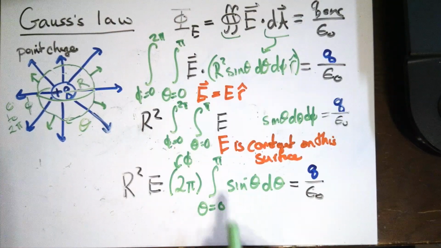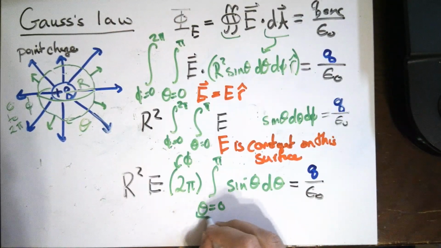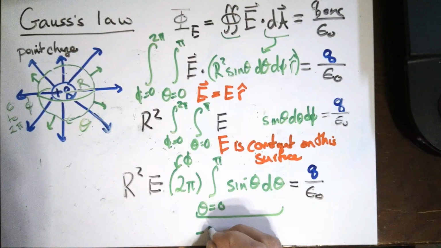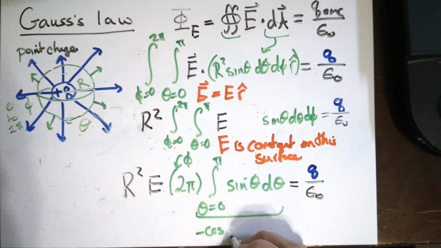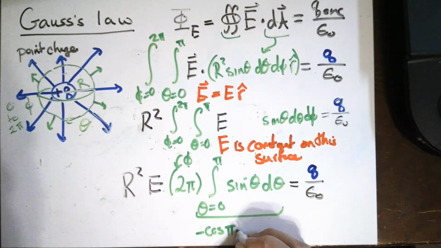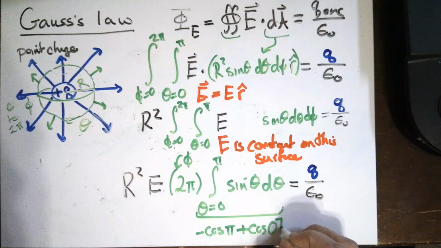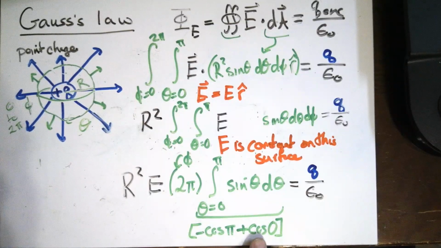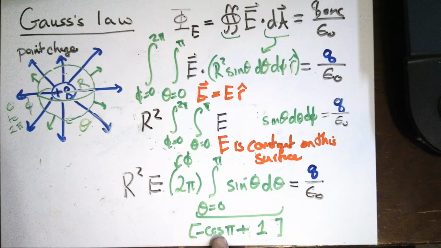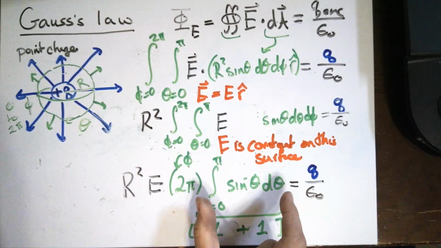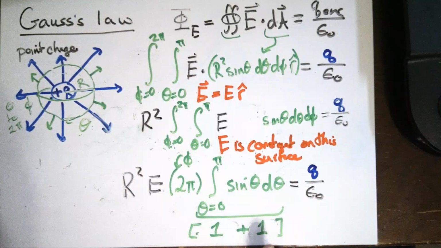So this thing is going to become negative cosine of the upper limit, cosine of pi, minus negative, so that becomes a positive, cosine of the lower limit, 0. Cosine of 0 is 1, and cosine of pi is negative 1, so negative cosine of pi is also 1. So this integral is actually 2.